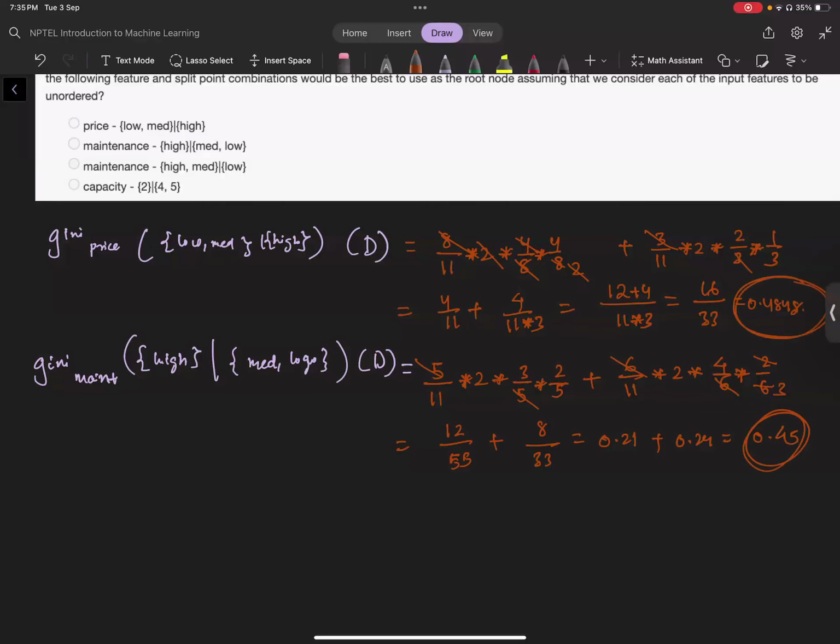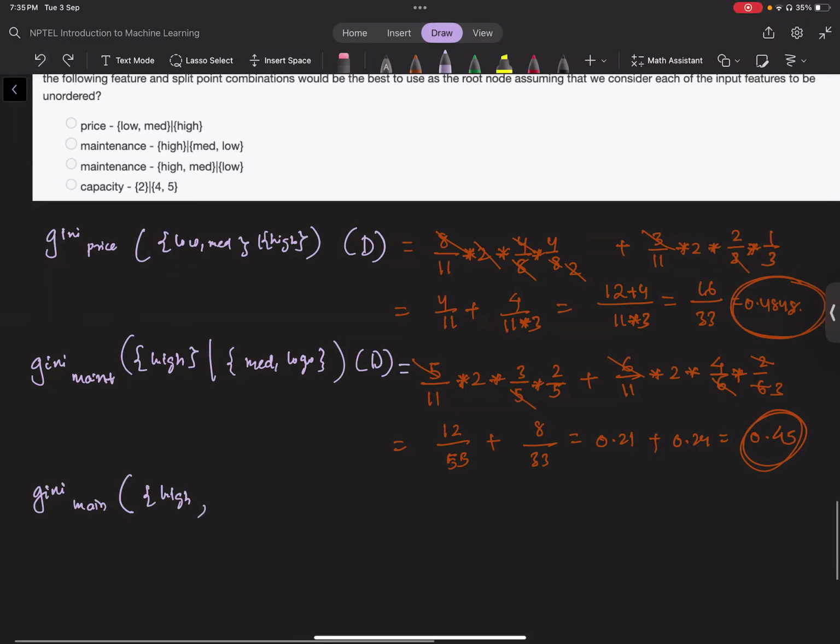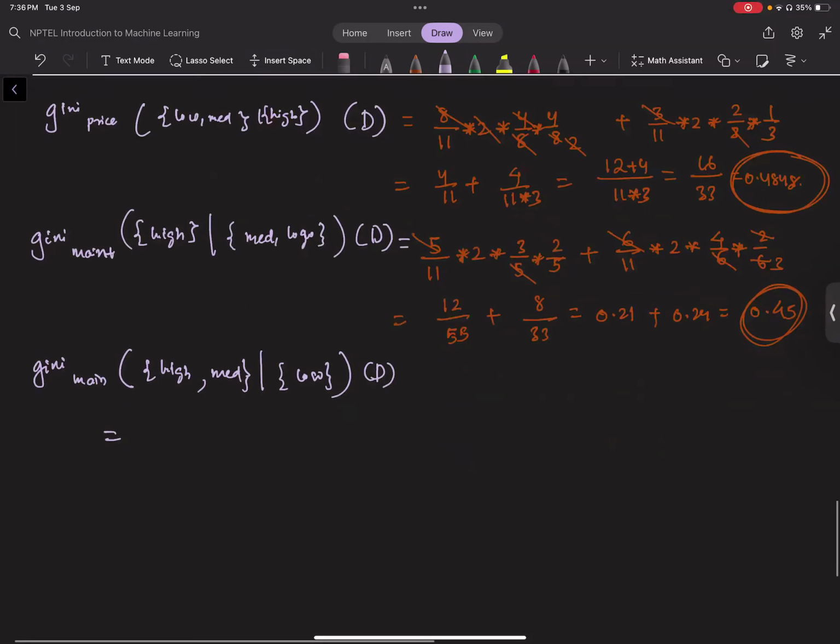Okay. Similarly, if we do Gini of maintenance, what we did with high, sorry, and medium, and put low on the other side, the values that we will get will change.